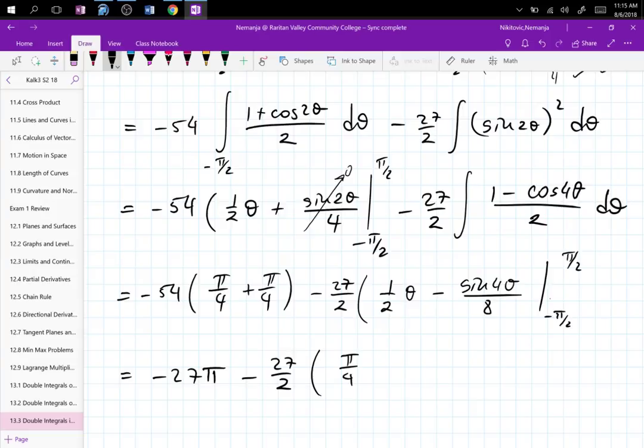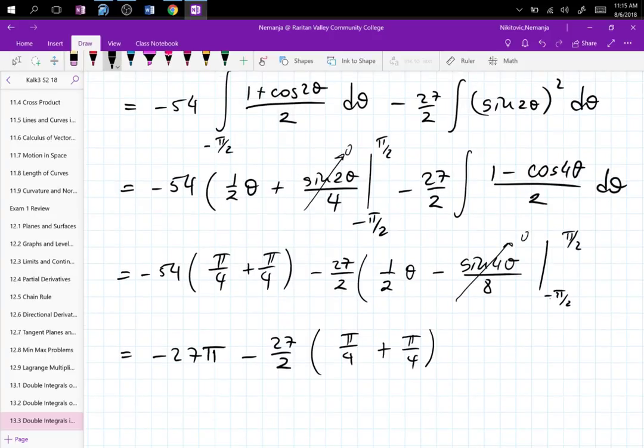This will be pi over 2 times that, all again zeros. Minus, and then the minus is a plus. Another pi over 4. So that gives me pi over 2. Negative 27 pi minus 27 pi over 2, 27 over 4 pi.